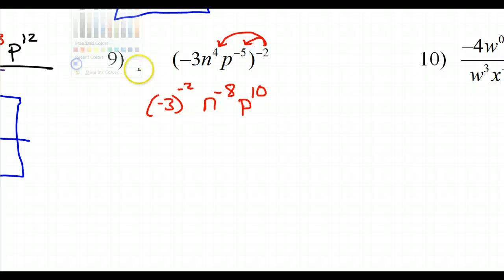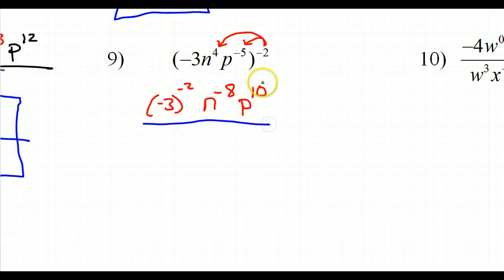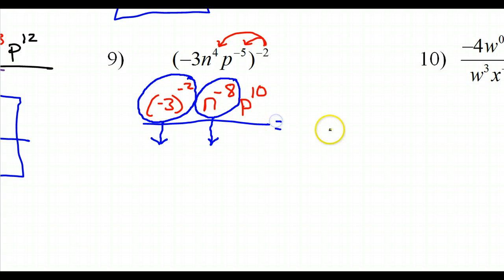Because what happens next is, here is our invisible fraction line. Everything with a negative power is going to get dropped down. So you see the p to the 10th power, that's going to stay where it is. But the n to the -8th power, that's going to drop down. But guess what? The -3 to the -2 power, that's going to drop down as well. So what we will have is this. The p to the 10th power stays up.